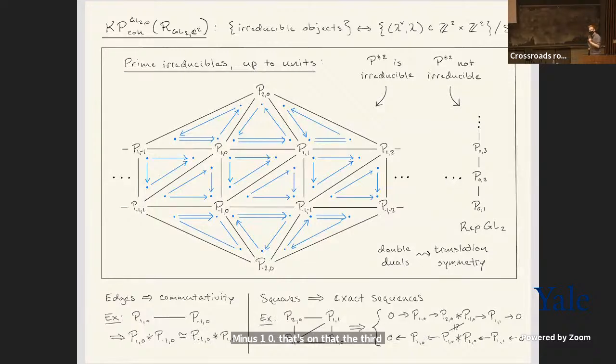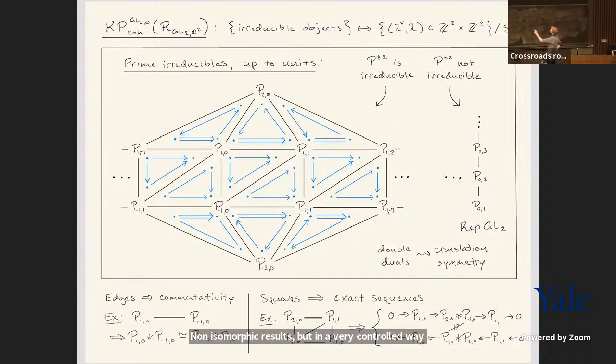If I take the product of those two objects in the two possible orders, we get non-isomorphic results, but in a very controlled way. There turn out to be a pair of opposite exact sequences with the same outer terms, but with these two products as the distinct middle terms.